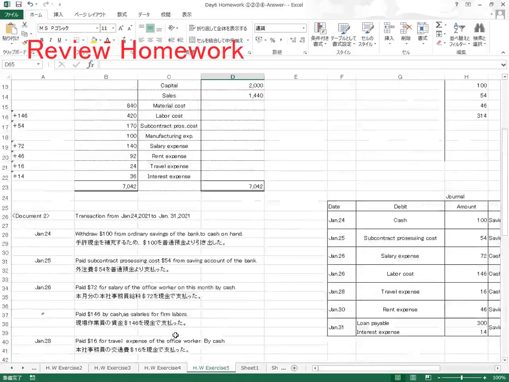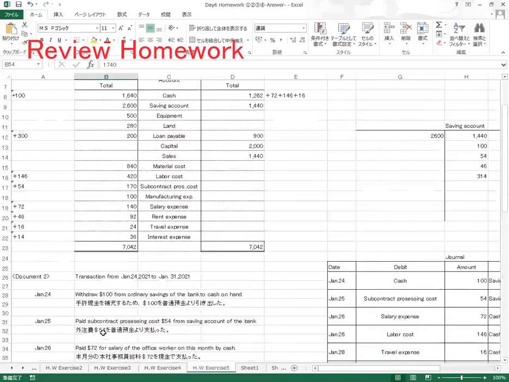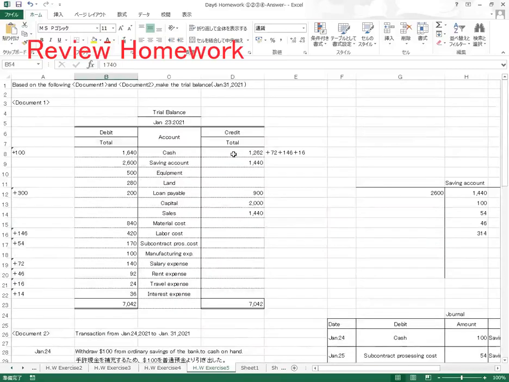Okay, this is the total. So you add 1640 plus 100, which makes 1740, and that goes to the trial balance of 31 January. And also you can add all those cash amounts and then go to the trial balance of the cash credit side.